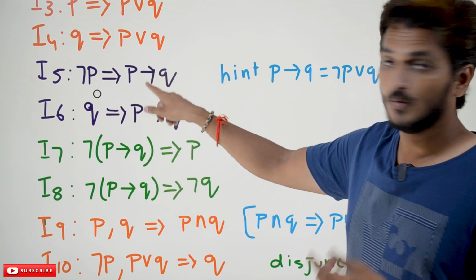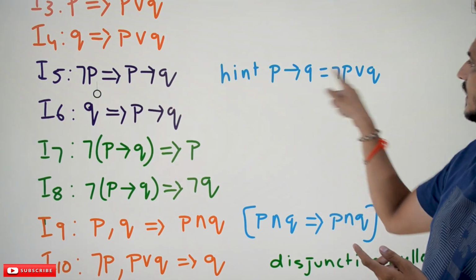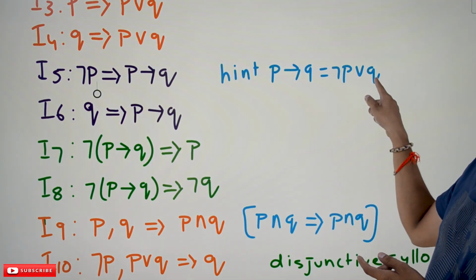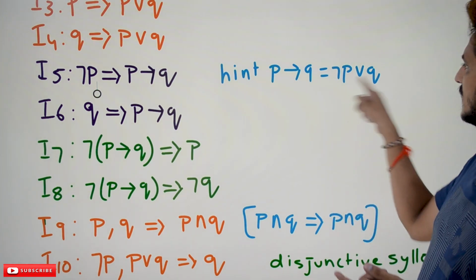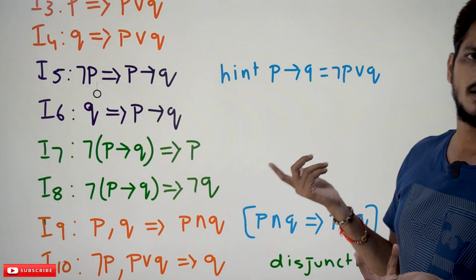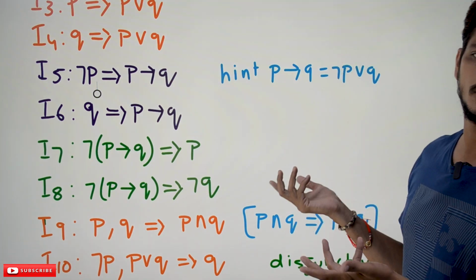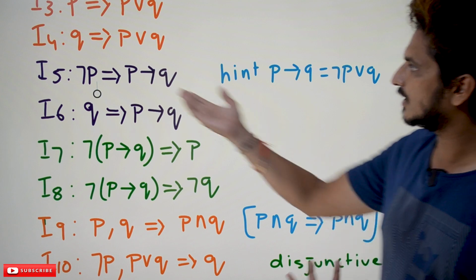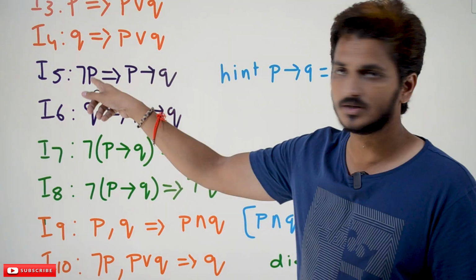We know from the basics that P implies Q can be written as negation P disjunction Q. If negation P is a true value, and disjunction means any one is a true value, our entire expression is going to be a true value. So we can conclude that P implies Q is going to be a true value if negation P is a true value.